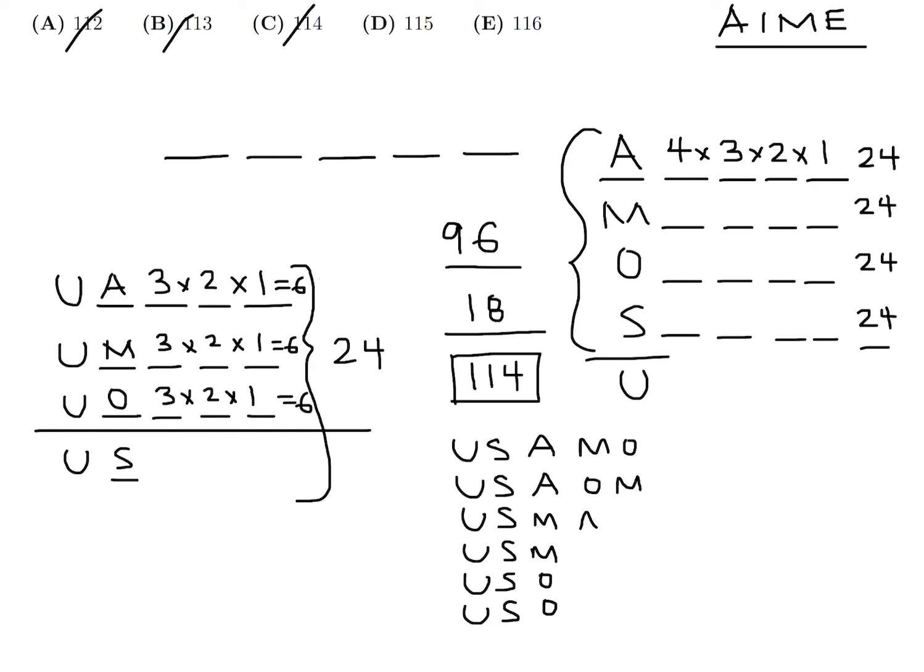And then this is AO, OA, and finally AM and MA. Okay? So this is the 115th, 116th, 117, 118, 119, and finally the very last one, 120.